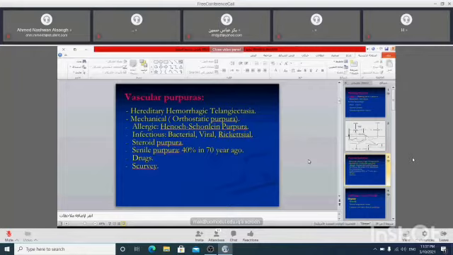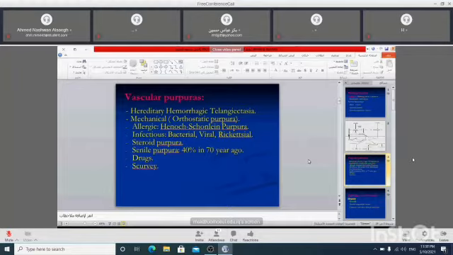أو purpura seen due to allergic Henoch-Schönlein purpura. This is a type of vasculitis as a result of an allergic process. We can see this type of purpuric spot or purpura related to severe infection from bacterial, viral or rickettsial infection.